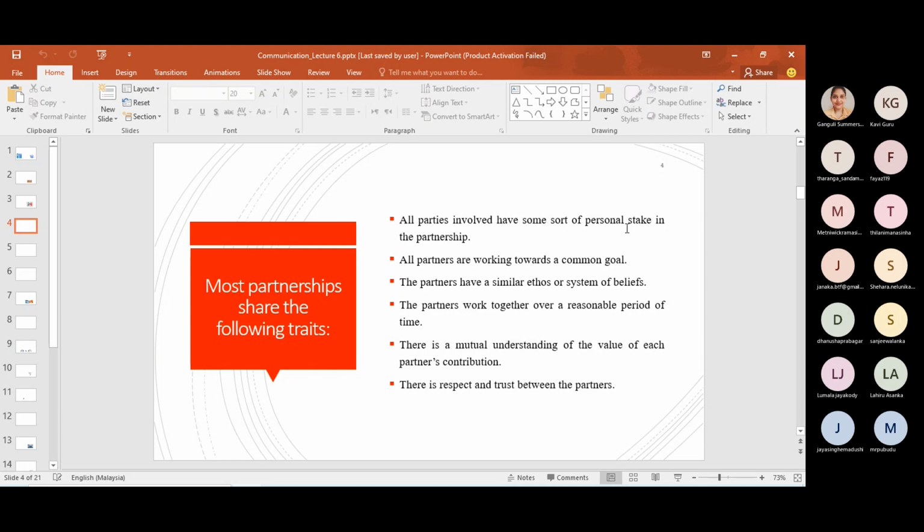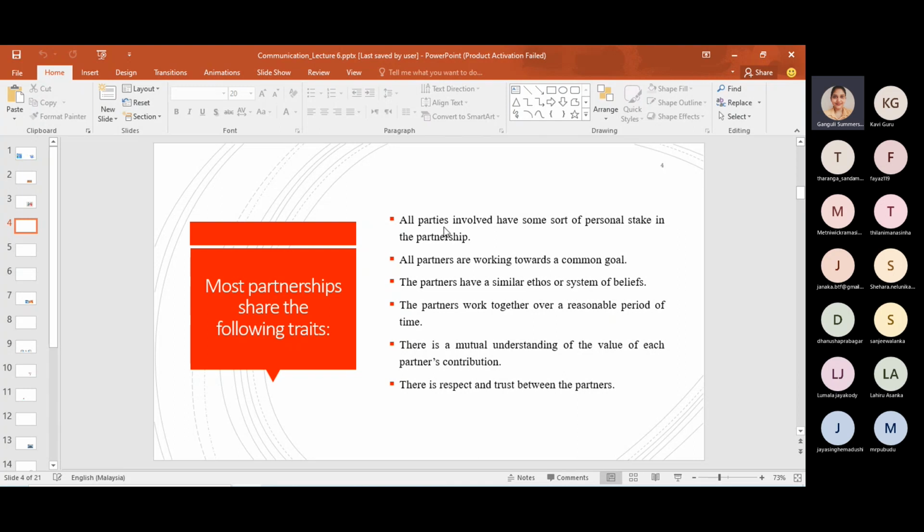All the organizations and companies involved in the partnership working have respect and trust between the partners, because you need to respect and trust your partner organizations and companies to maintain this partnership for a certain period of time.